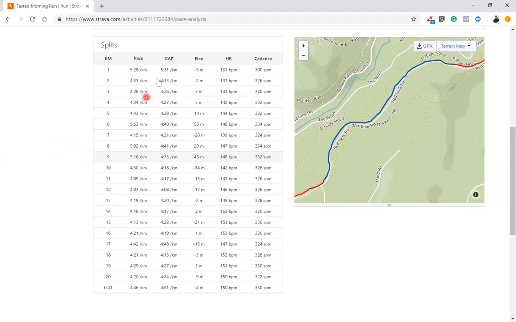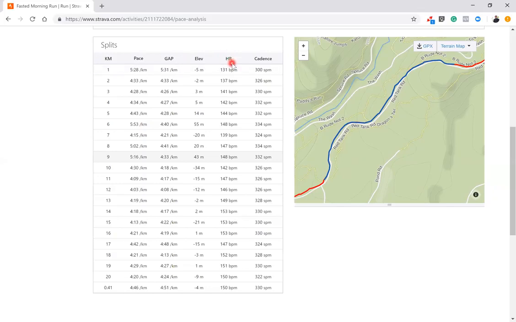That's just a way to have a look at how consistent you are if you were running on the flat. You can see for mine, it's all around 4:20s to 4:30s, whereas there are quite large variations if I was looking at what I was actually running. So that's an output measurement. That's how fast you were actually going, or if you were to run just on the flat.